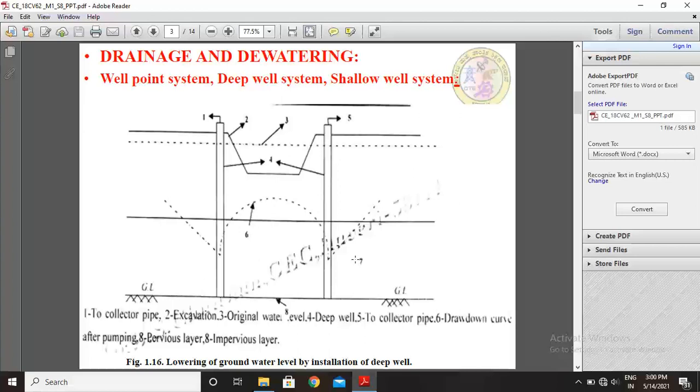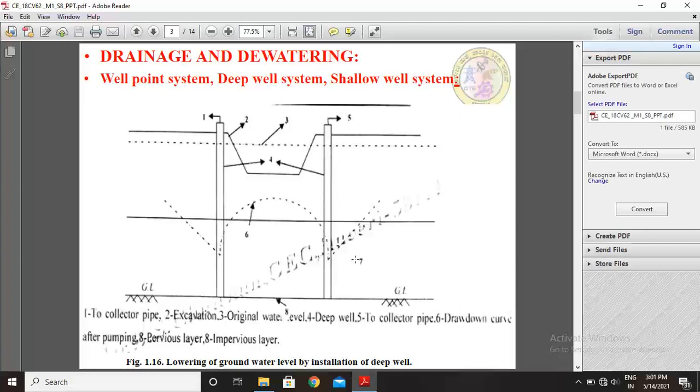Well points can lower the water table by only 6 to 7 meters because the pump is located at the ground surface. Stage well points are used based on the above figures. However, deep wells become more economical if more than 3 to 4 stages of well points are required. That is called the multi-stage well point system.